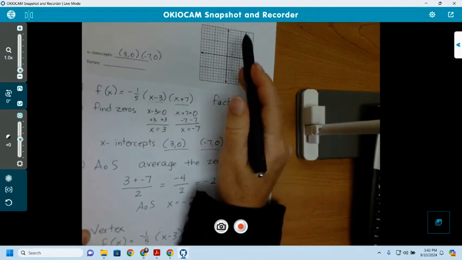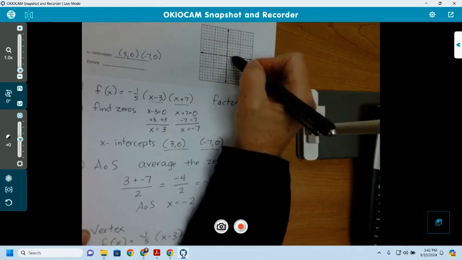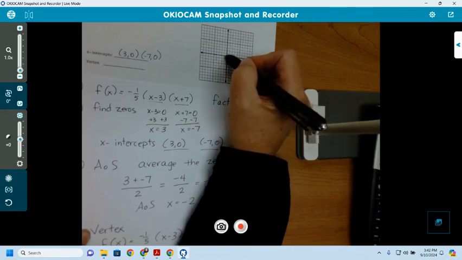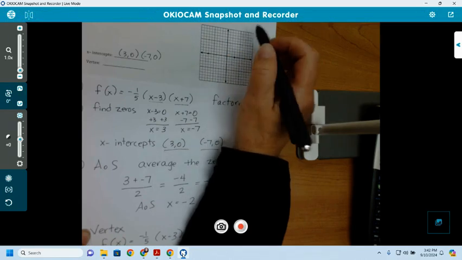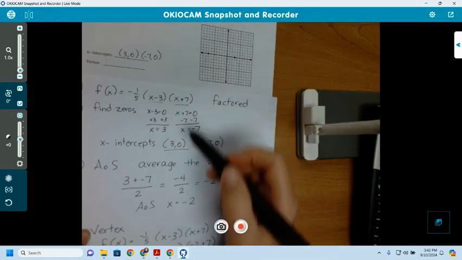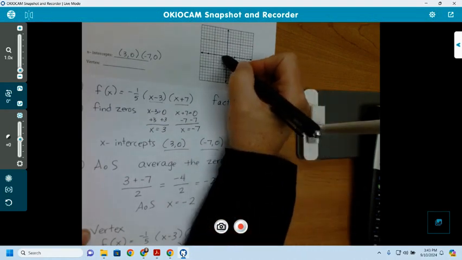So you may have to finish drawing your graph so it looks like mine. But I can plot 3, 0, 1, 2, 3, and negative 7, 0, 1, 2, 3, 4, 5, 6, 7. My axis of symmetry, x equals minus 2, 1, 2.